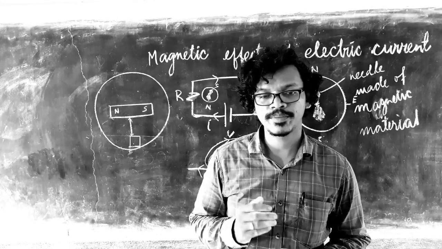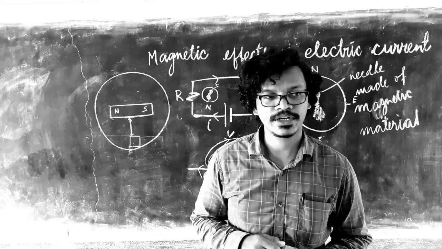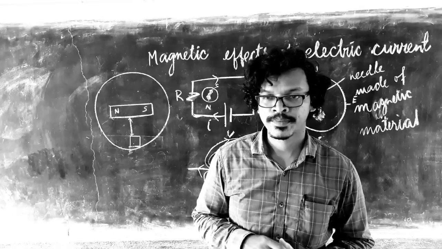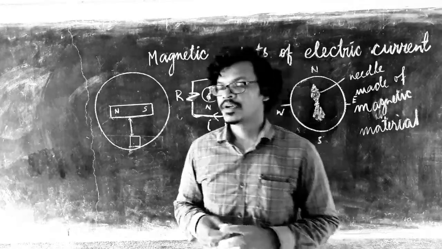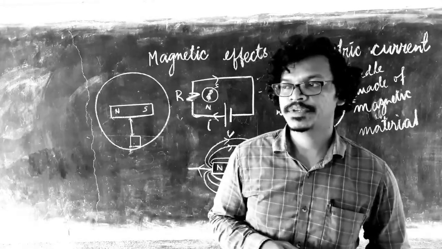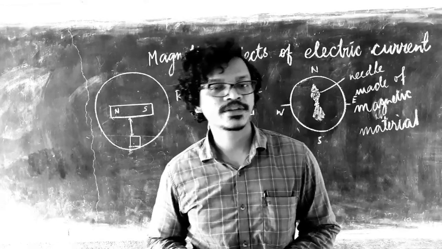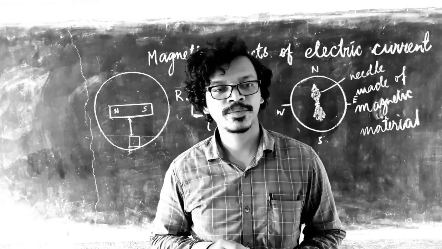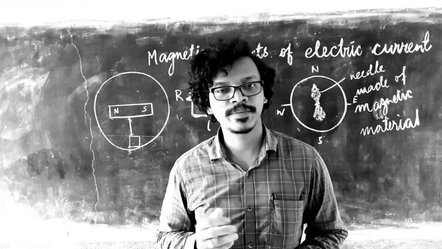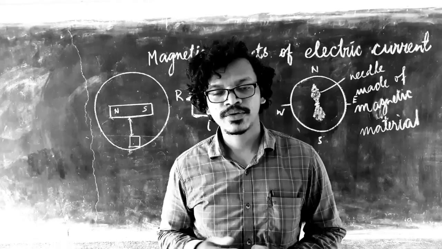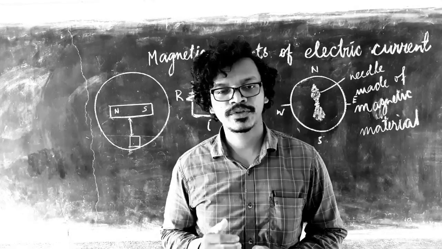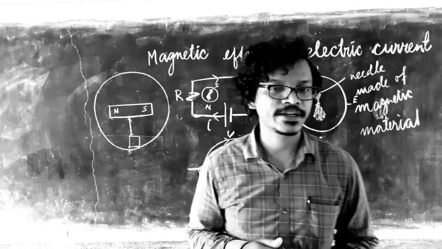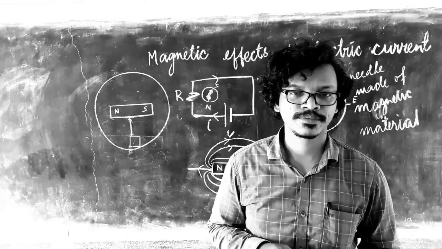So we will study magnetic field lines. What is a magnetic field line? The magnetic field line concept is made by scientists or human beings. There is no actual magnetic field line. It is an imaginary line. To understand the behavior of the magnetic field, we have conceptualized it as a magnetic field line.